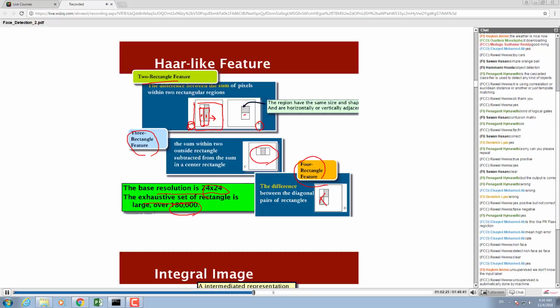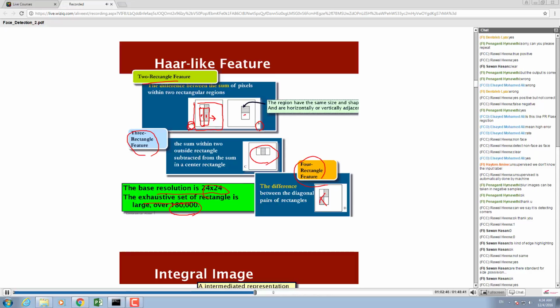So in the training process, the AdaBoost algorithm will try to select some good features among this large set of features, 180,000 features. That is the main first goal of the AdaBoost algorithm. But we are starting with this number of features, so many features.